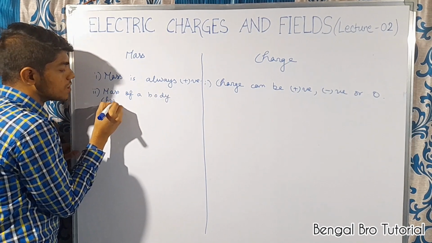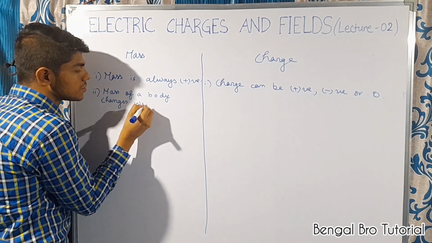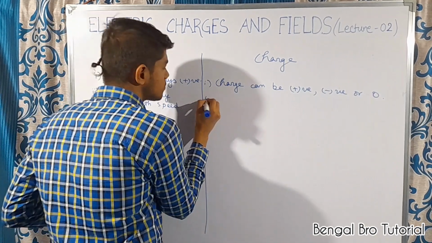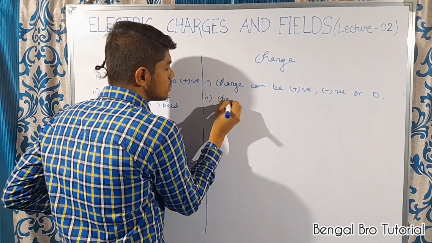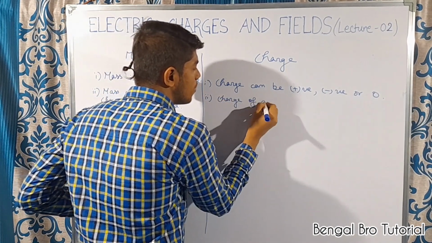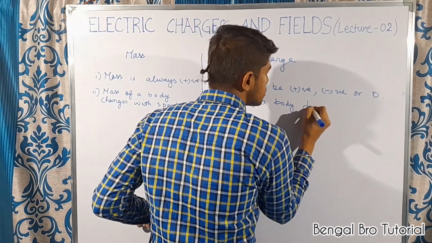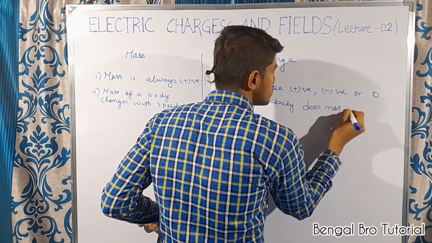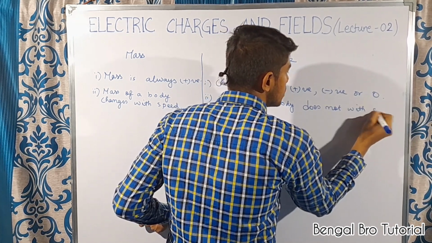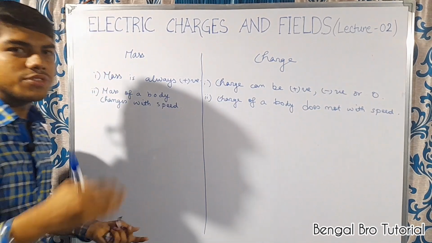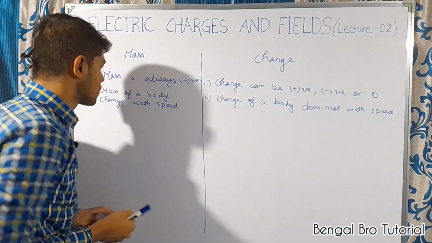Second point, mass of a body changes with speed. Charge of a body does not change with speed. We have just seen this thing.